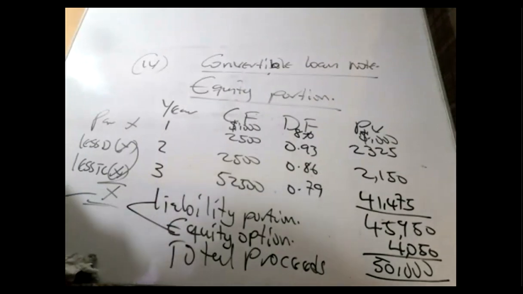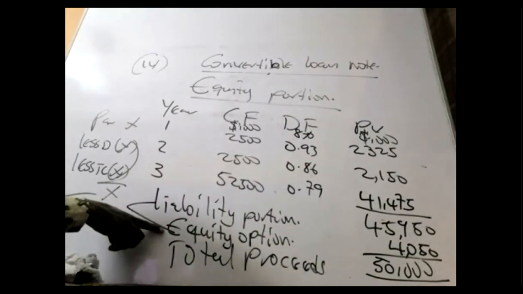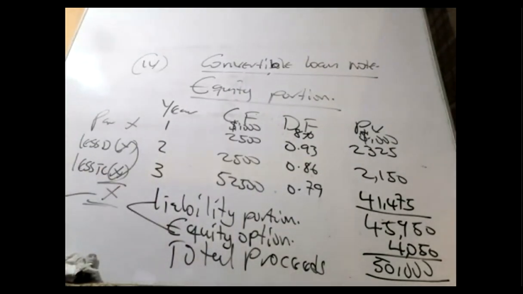Liability and equity. Now, the equity portion, you don't need to adjust it again. Take it straight to the financial position as equity. Please and please again, add the option to it. It's an option, it's not a final equity. Why?